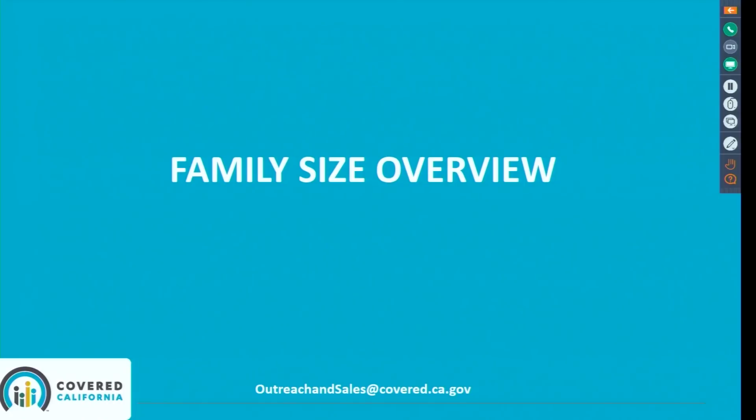So we're going to turn briefly to family size, which is one of the 2 variables that is important in determining FPL, the other being income. Income is such a complex computation that, frankly, if you go stepwise through the application and enter the income and deduction categories as presented, it's automatically assessed and calculated.